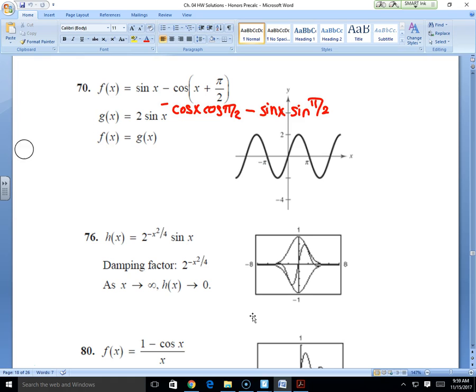My property didn't work. But the identity that you're going to learn in chapter 5, we can take cosine of a plus b and make it cosine a cosine b, plus what the negative came in, sine a sine b. At which point we would say cosine of pi over 2 is 0. Sine of pi over 2 is 1.